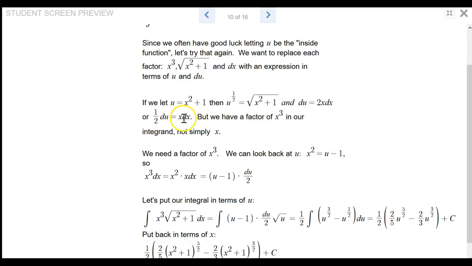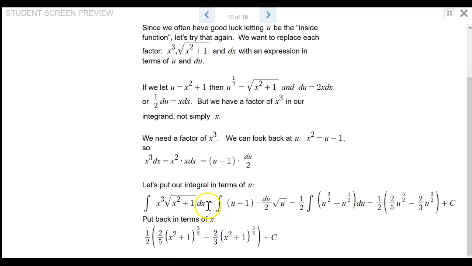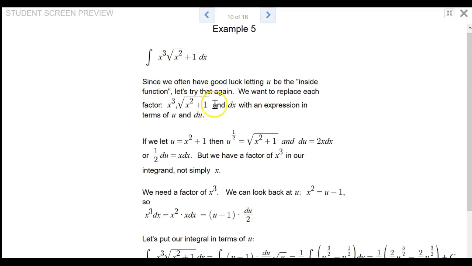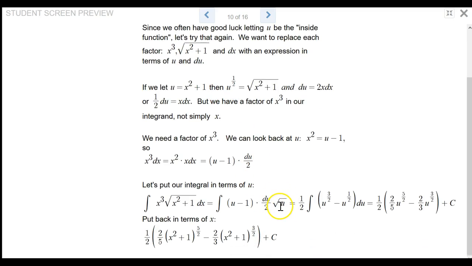And then since x times x squared is x cubed, I can replace that x squared with u minus 1. X cubed dx is going to be u minus 1 times du over 2. And then the square root of x squared plus 1 is going to be simply square root of u.